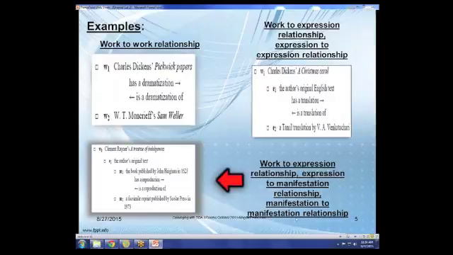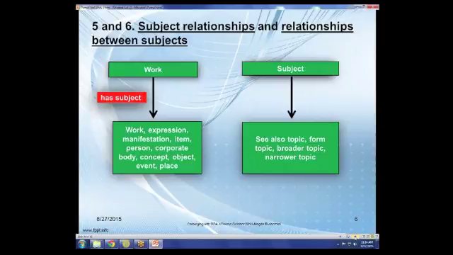So you don't need to get too fussed about keeping all of these relationships straight in your mind. The idea here is that these are all possibilities that exist sort of in potential in the catalog. Other potential relationships that exist are between the subject of one work and the subject of another work.